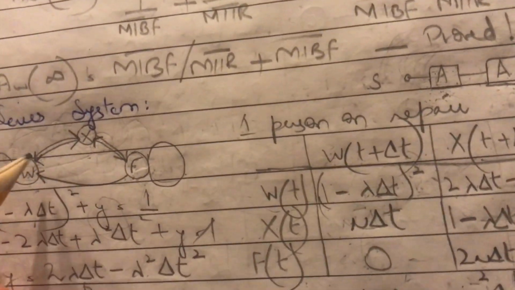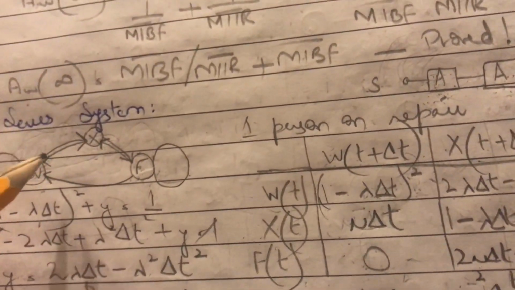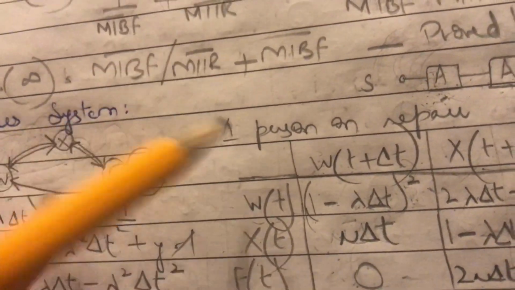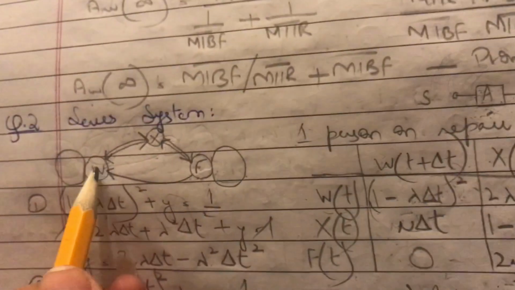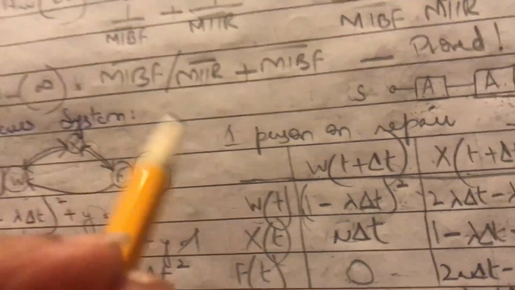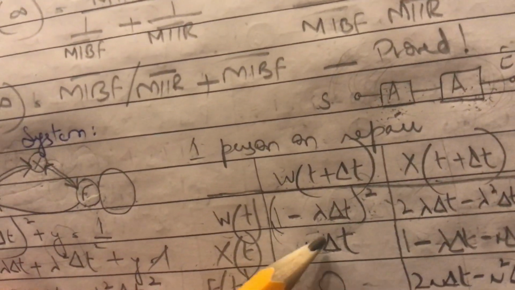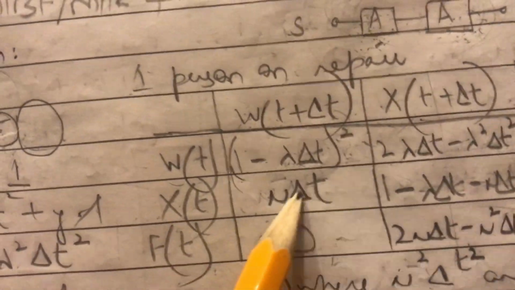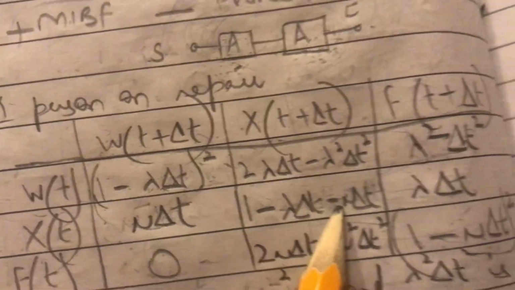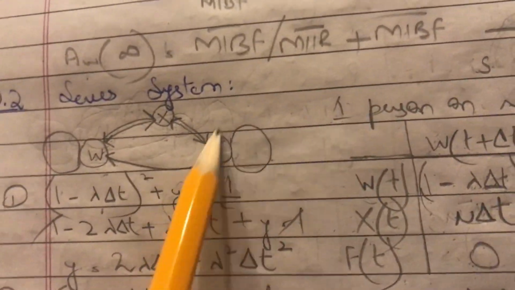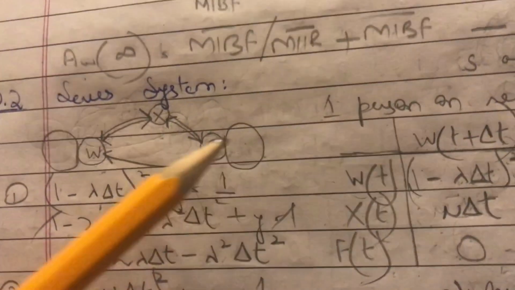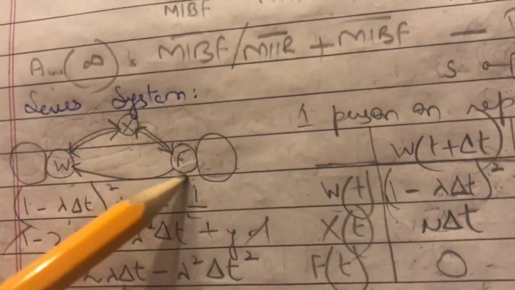We have two components, so it will go step by step, as I told you, because we don't know which one is going to be repaired, which one has been damaged. So that's why from working to repair condition, the repair rate is mu delta t, where mu is the repair rate. And when we are in the failed condition, we also don't know which item has failed.